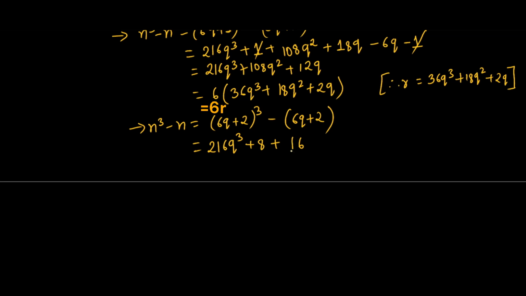Carry 1, 216 q square plus 3ab square. 3a is 18. 18 into 4, 72q minus 6q minus 2.